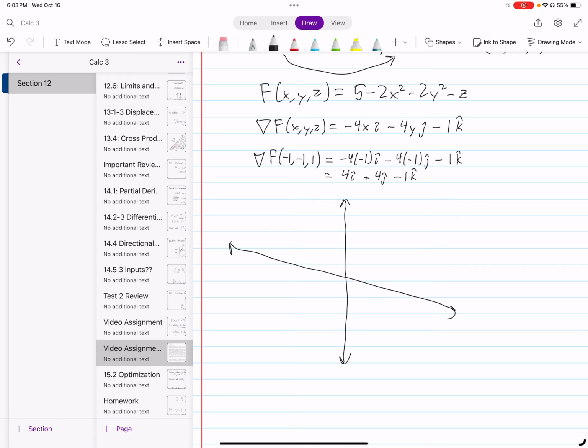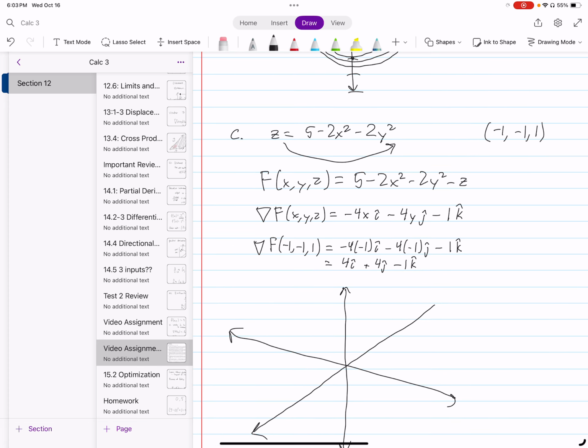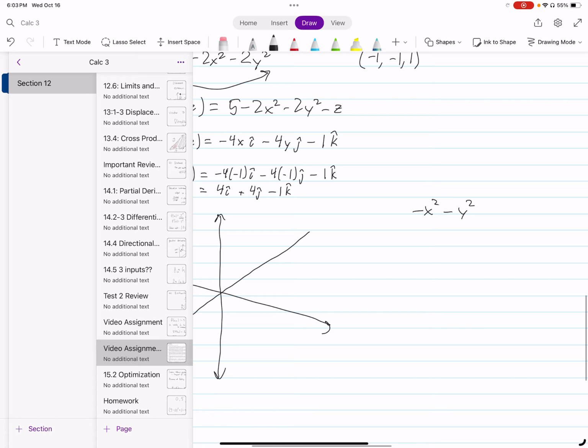So I will be attempting to draw this in 3D as best as possible. The negative x squared minus y squared takes the shape of roughly a bowl starting at the origin, just like that. So this one will do almost the same.